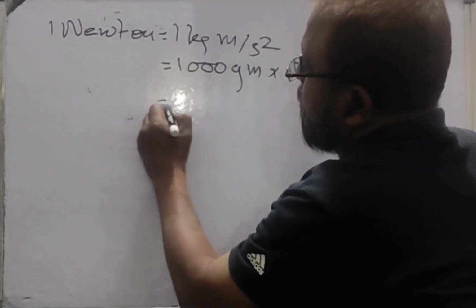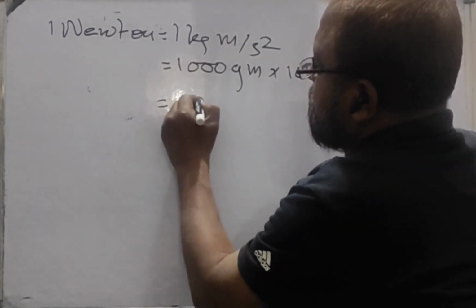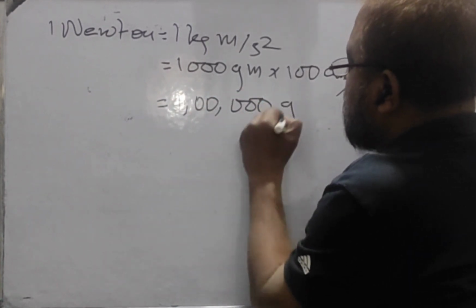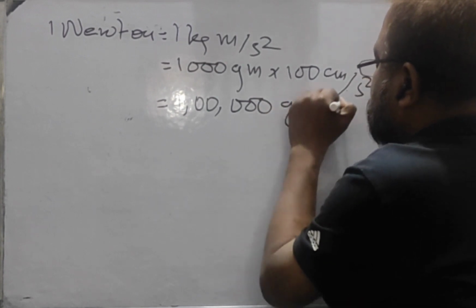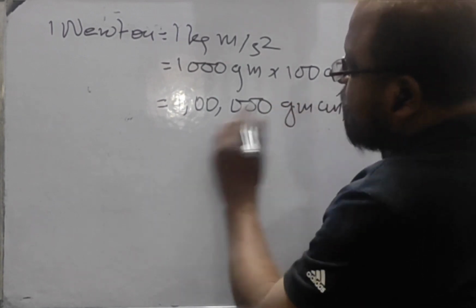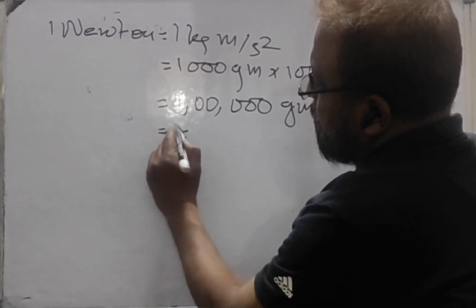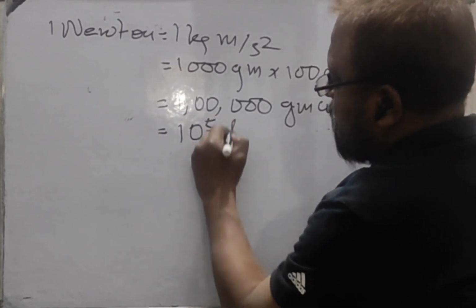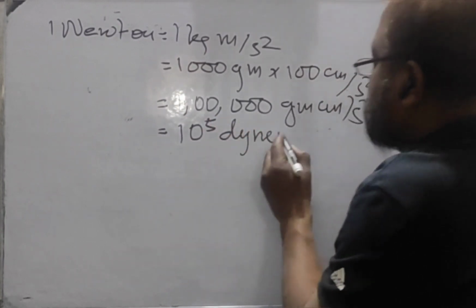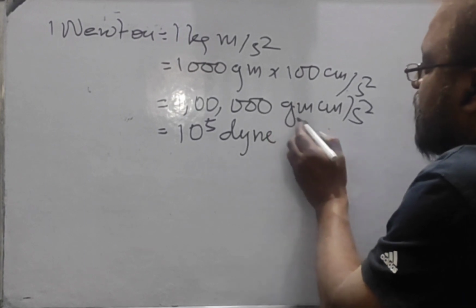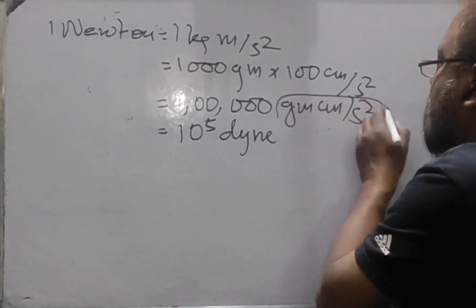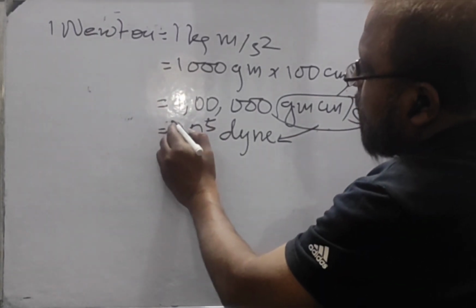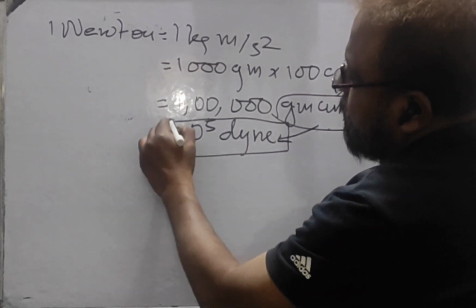So we can say it is 1 lakh gram centimeter per second square, or 10 raised to the power 5 dyne. In CGS system, gram centimeter per second square is known as dyne. So 1 Newton is equal to 10 to the power 5 dyne, right?